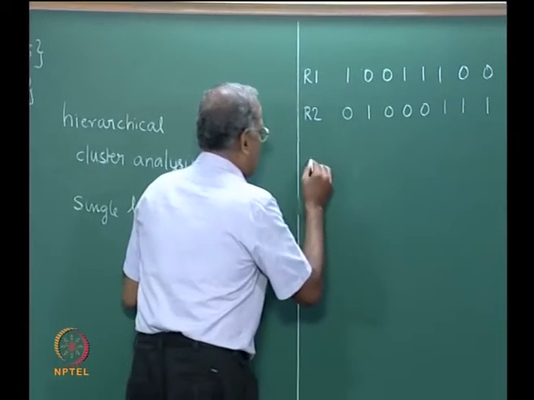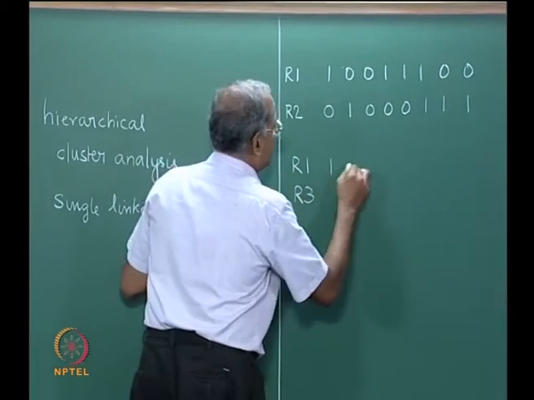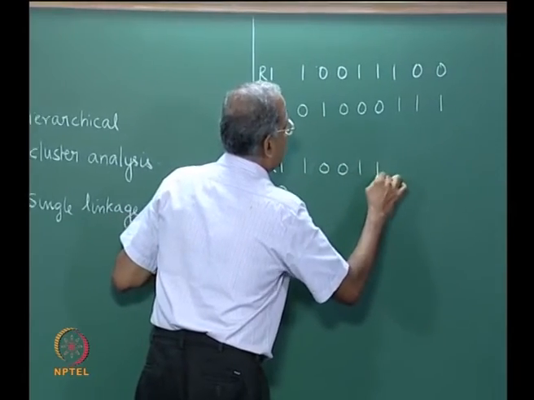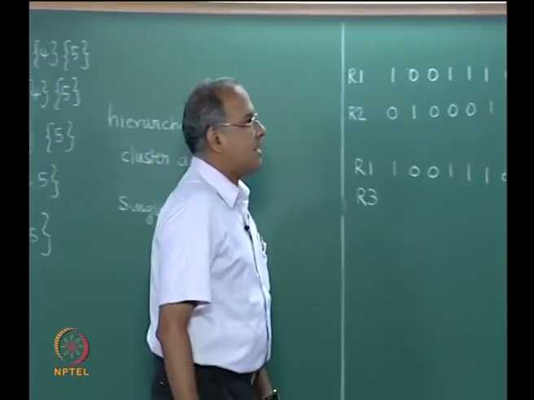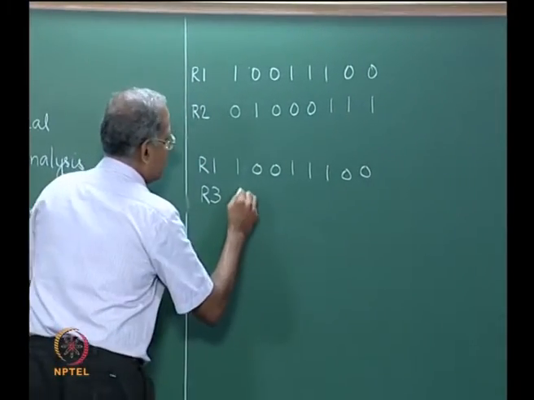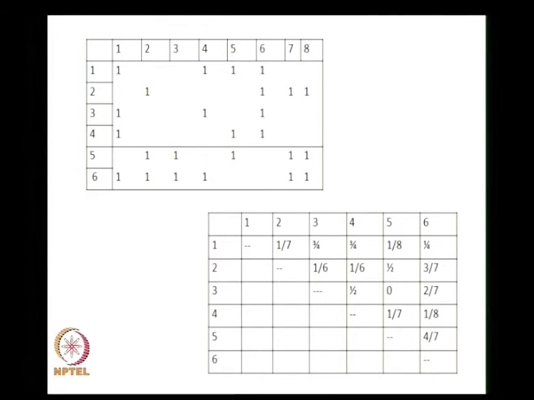If you take R1 and R3 together, R1 is 1 1 1 0 0 and R3 is 1 0 1 0 0.